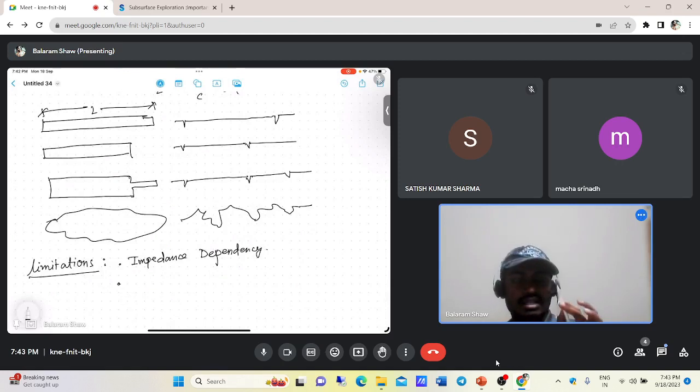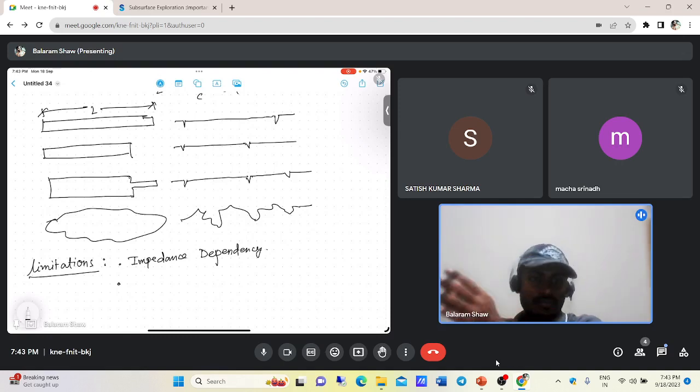If there is some change in the concrete quality, there are some defects, plus there is some change in the cross section, then from the surface what we can see is only some changes, but we can't distinguish whether this is because of the concrete quality or because of the change in the cross section.